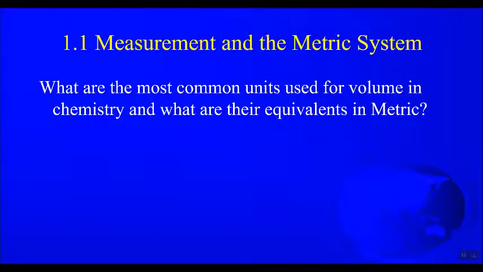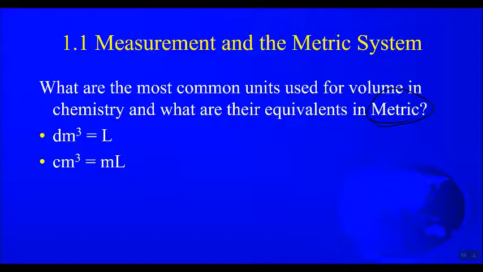But the most common units that we will use comes from metric. Metric is kind of like an American and Canadian version of it, where we use liters instead of cubic decimeters. And that conversion is 1 cubic decimeter is the same as a liter. They're synonymous, okay? They are synonymous.